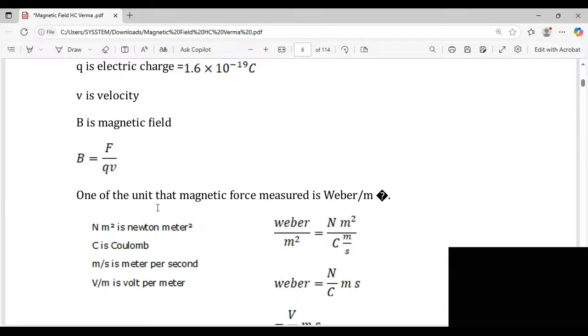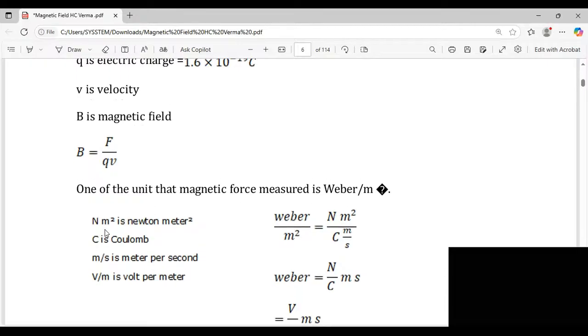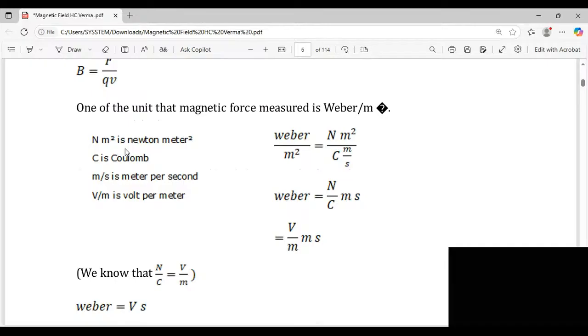One of the units that magnetic field is measured in is Weber per meter squared. Weber per meter squared equals Newton per coulomb per meter per second. Here m/s is meter per second, C is the coulomb, and V by m is volt per meter.